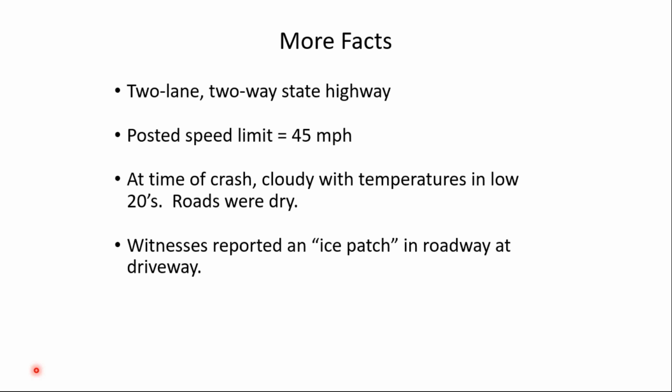It's a state highway. The posted speed limit is 45. At the time of the crash, you can see in the photos, it was a cloudy day, maybe partly cloudy. Temperatures were in the low 20s, and roads were basically dry. So this is what would be referred to, and what the plaintiff called in their complaint, an isolated ice patch at the driveway.